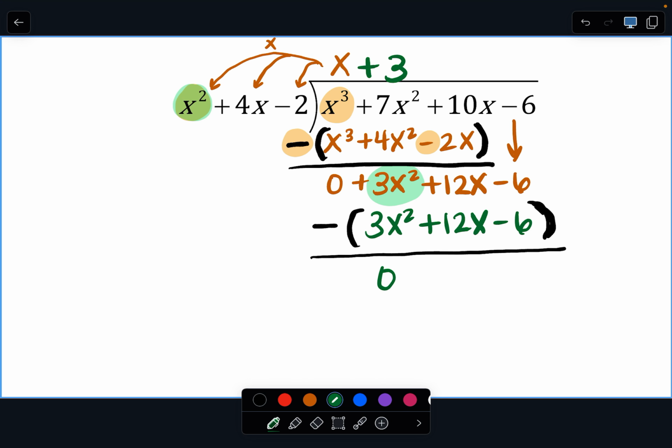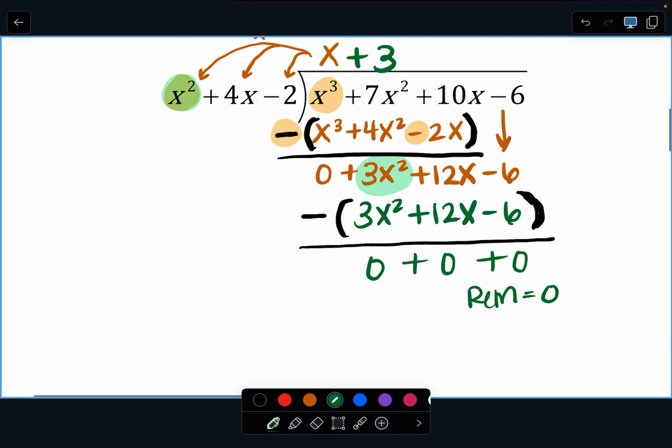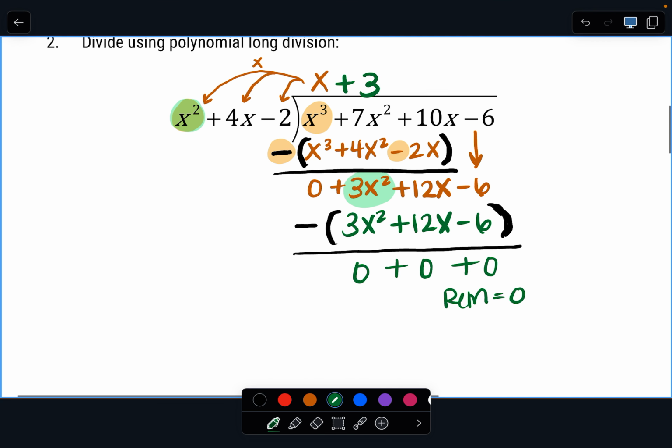What's 12x minus 12x? 0. Okay. What's negative 6 minus negative 6? 0. So do I have anything left over? No. So my remainder is 0. Now that doesn't necessarily matter. If you just ended it at 0, that would be fine. Our answer, we're done.